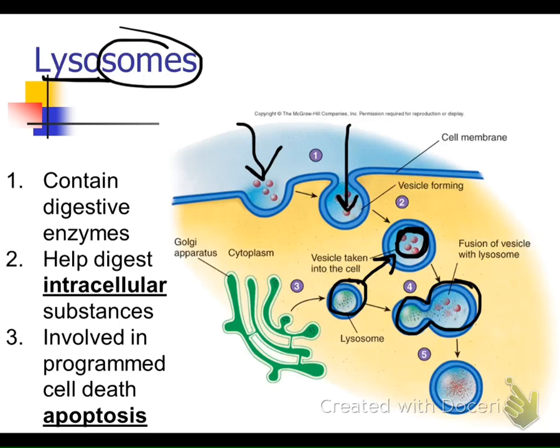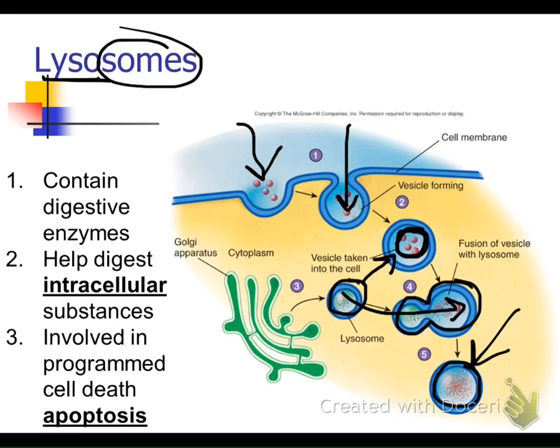Now, the enzymes inside the lysosome are going to break down whatever this molecule is into its individual pieces. So what you have now is a garbage system that breaks down, degrades to their most simple form, whatever it came in contact with.